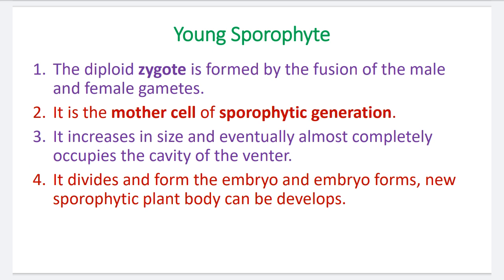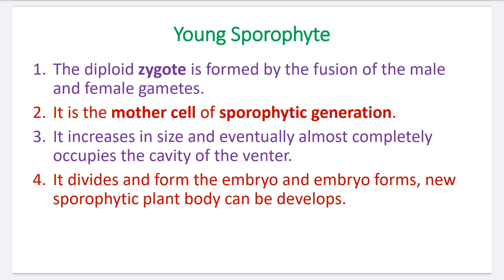Due to that mucilaginous substance, pressure comes on the mouth of the archegonium, which is covered by the cover cells, so that due to the inner pressure the cover cells loosen from their union. The mouth of the archegonium becomes open, and at the same time the antheridia rupture and the sperms are released, and with the help of water, because water is essential for fertilization, the sperms migrate from the antheridium to the archegonium.